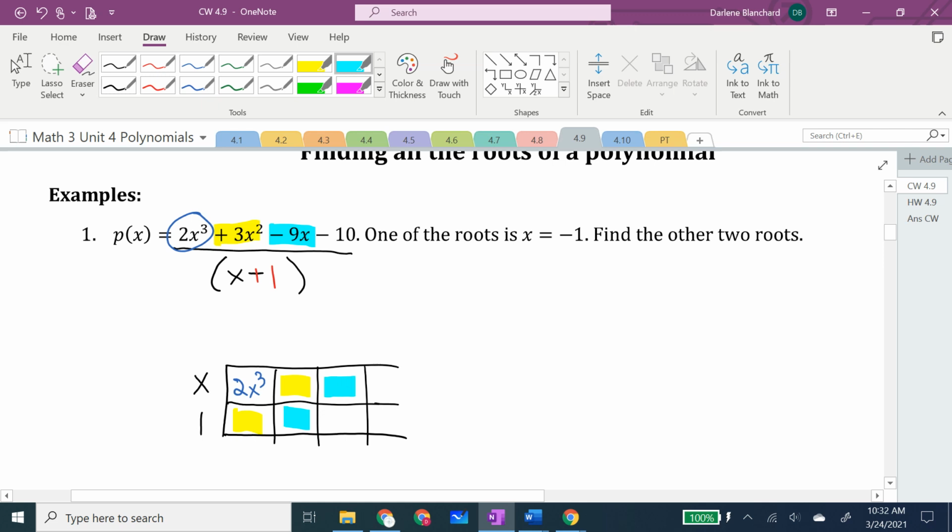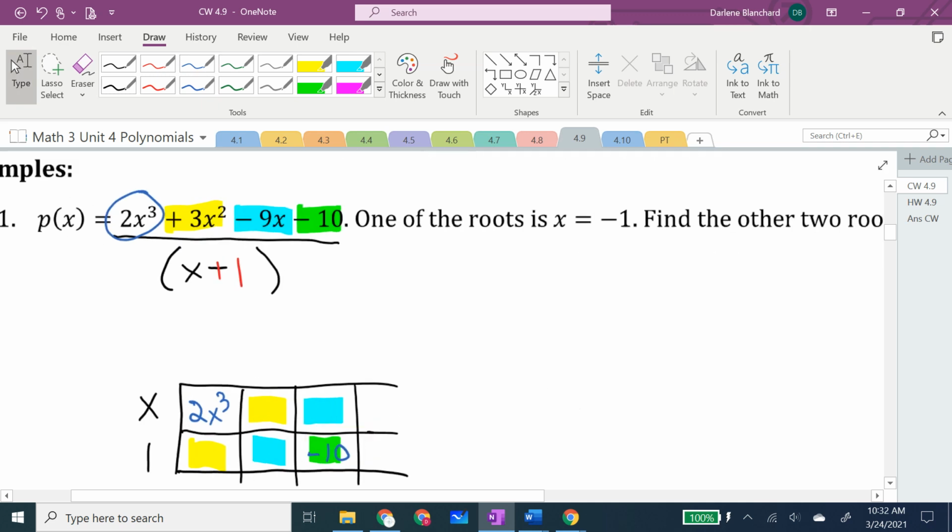And then if this is a root, then this has to be negative 10 when I get there. If it isn't, this problem either lied to me or I did something wrong. That's if you know that it has to be a root.